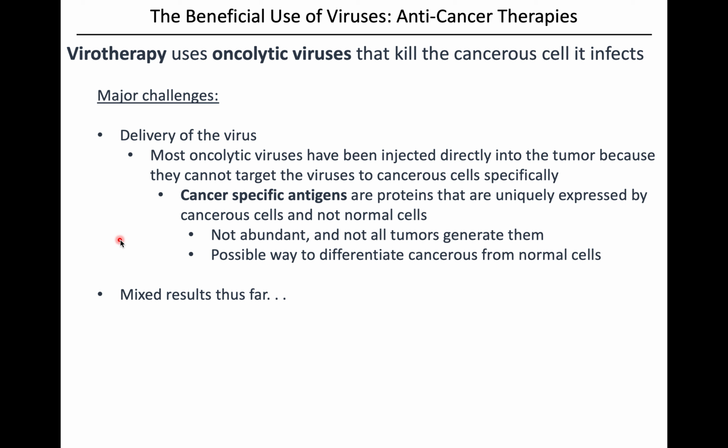The virus is looking specifically for cancer cells. Sorry, I'm saying that completely wrong. Cancer-specific antigens, not viral antigens. So the virus is specifically looking for cancer-specific antigens and can only infect those cancerous cells.